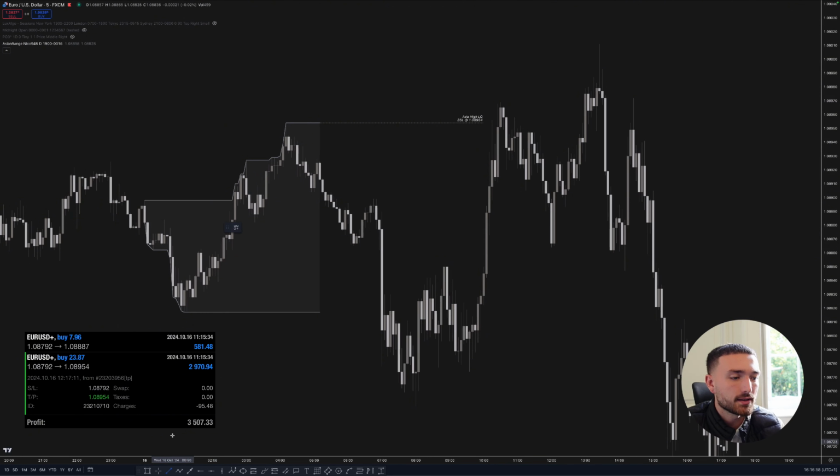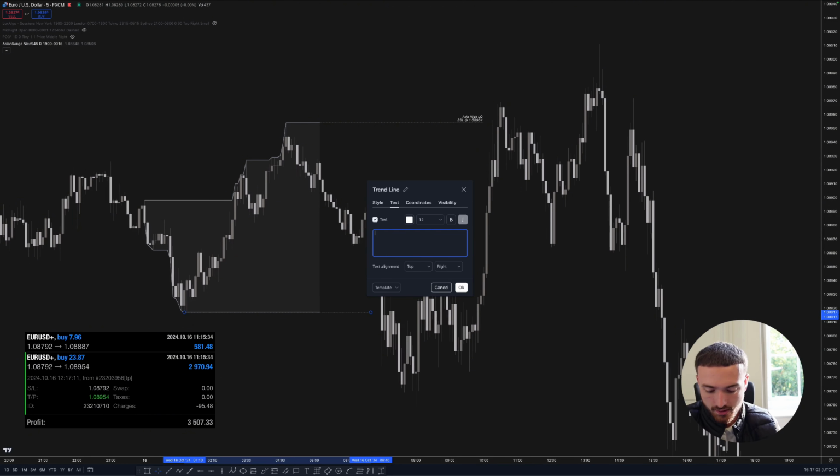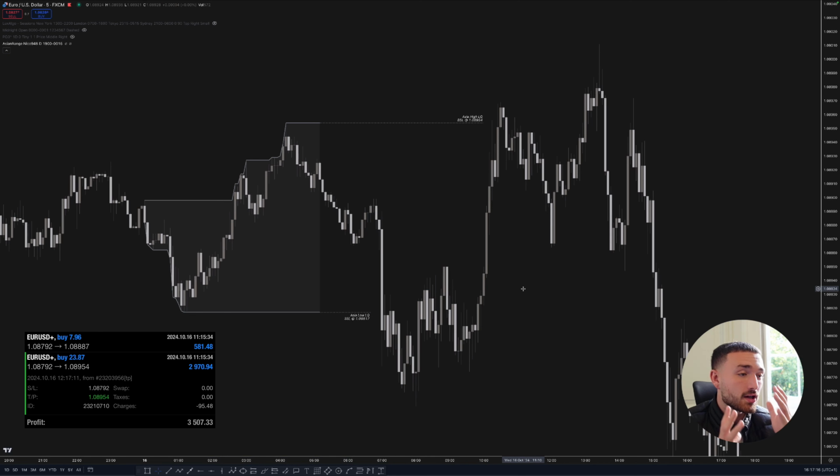But also at this low here, this is what we call Asia low liquidity, which is the same, but just on the sell side.